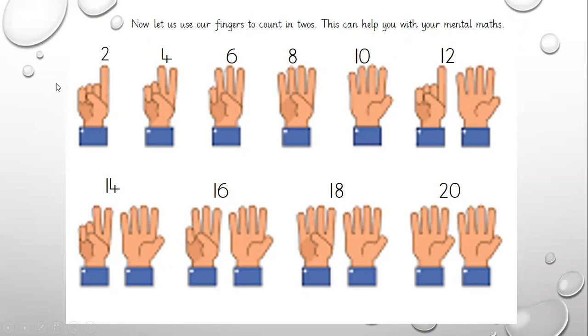This time I'd like you to use your fingers and practice using your fingers when we're counting in twos. 2, 4, 6, 8, 10, 12, 14, 16, 18, 20. Well done. Remember, this is an easy way to help you count in twos.